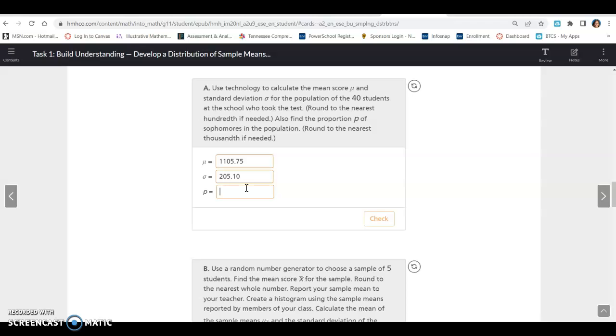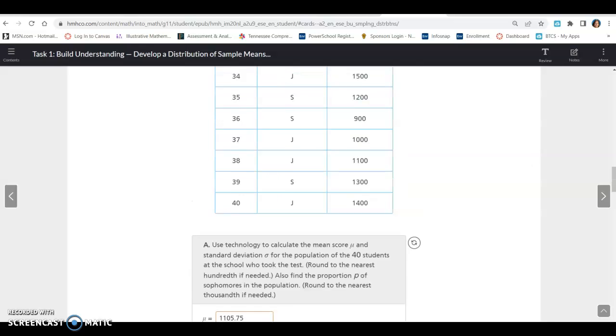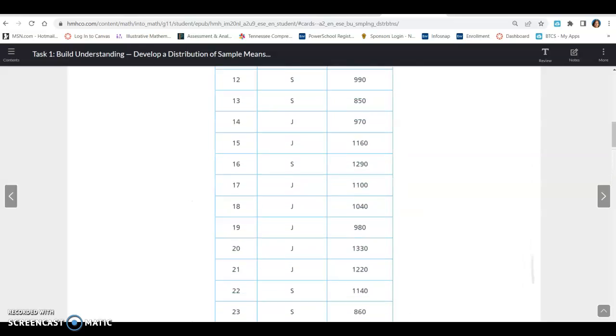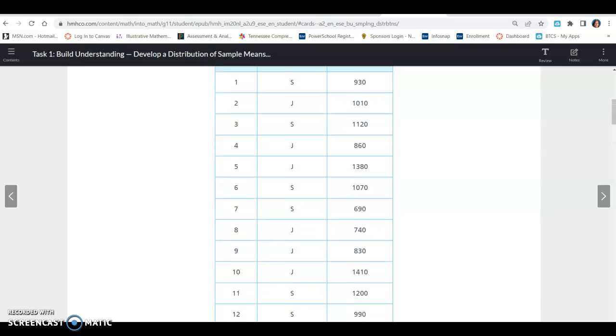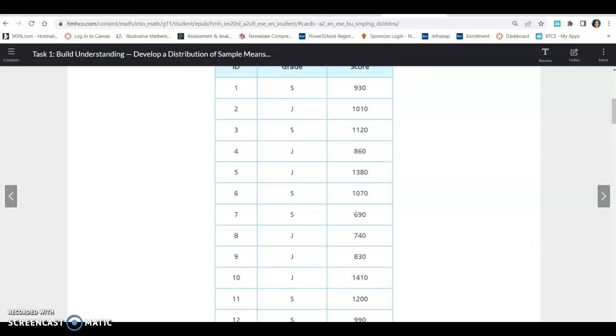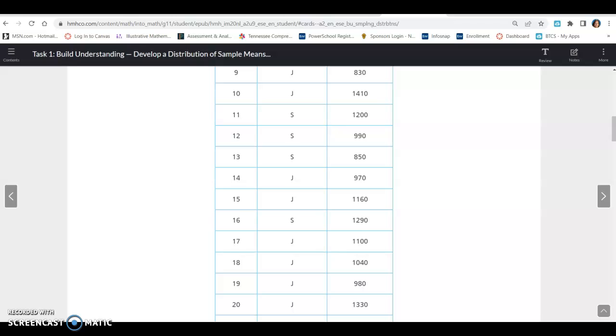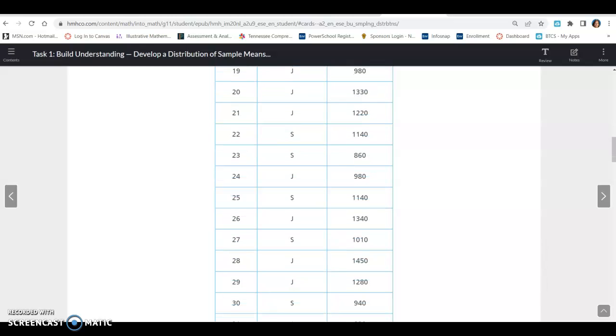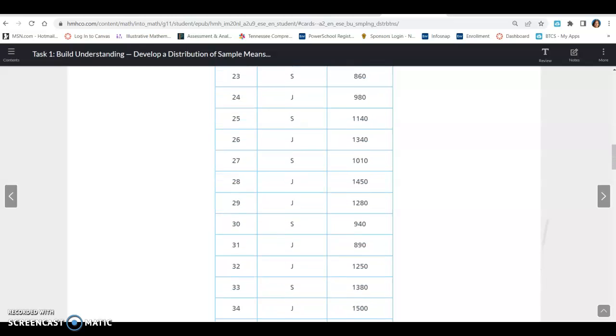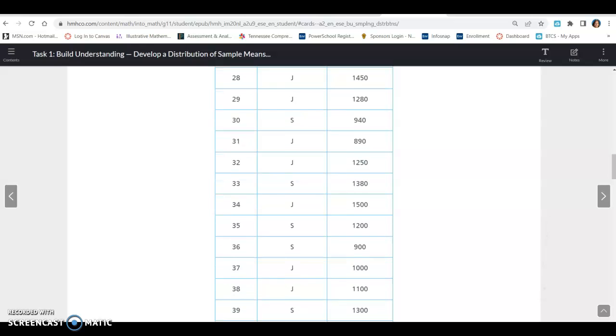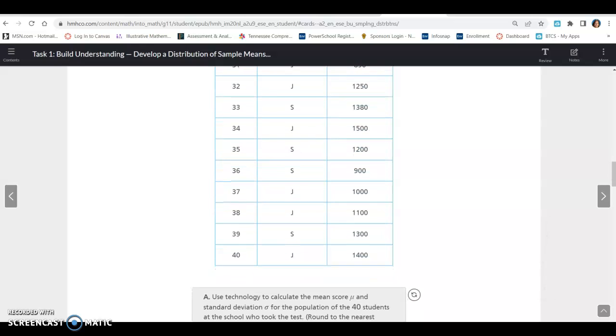All right, and then the proportion of sophomores, we're going to get that by counting how many sophomores out of the 40 there are. So go back up here. So you're going to have 1, 2, 3, 4, 5, 6, 7, 8, 9, 10, 11, 12, 13, 14, 15, 16, 17.